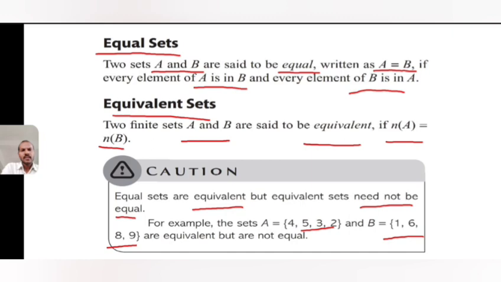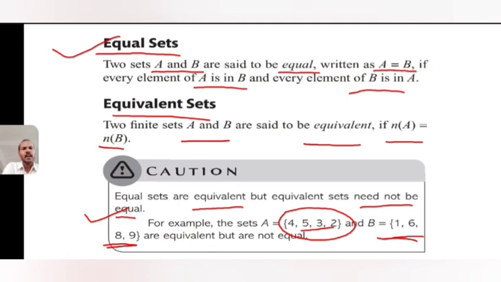Yes? Clear? In an equal set, two sets A and B are said to be equal if every element of A is in B and every element of B is in A. In this example, the first set A consists of 4, 5, 3, 2, but set B has 1, 6, 8, 9.